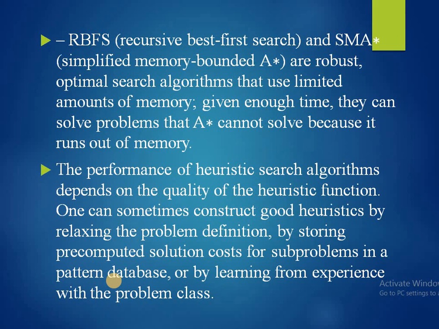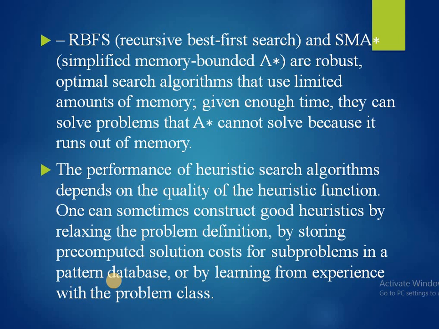The recursive best first search, also known as RBFS, and SMA*, that is simplified memory bounded A*, are robust, optimal search algorithms that use limited amounts of memory. Given enough time, they can solve problems that A* cannot solve because it runs out of memory.